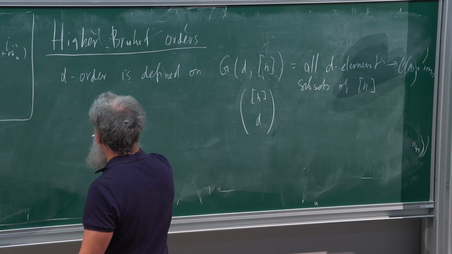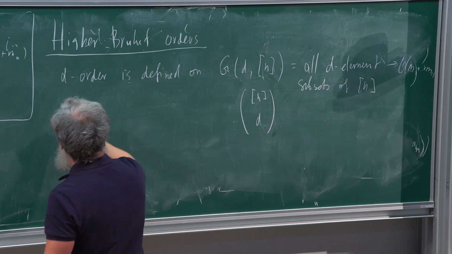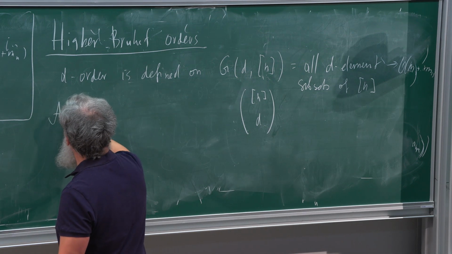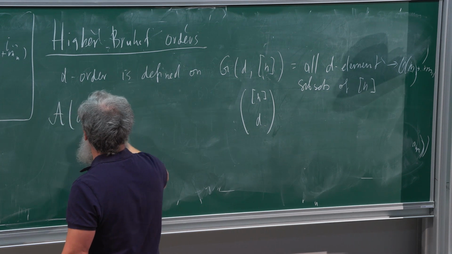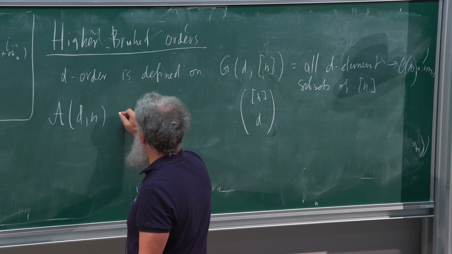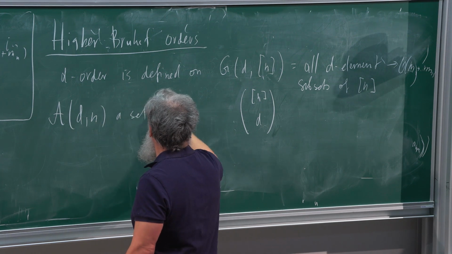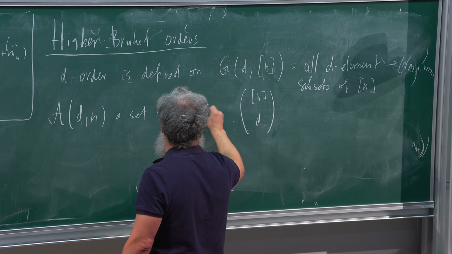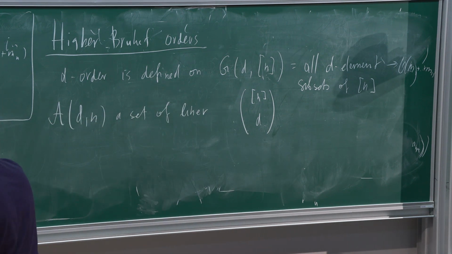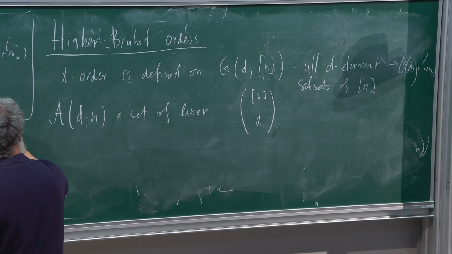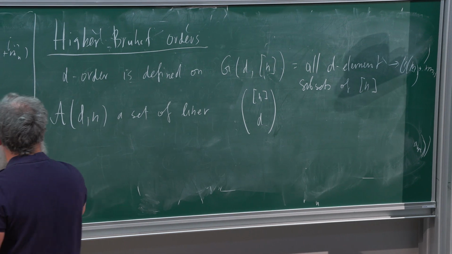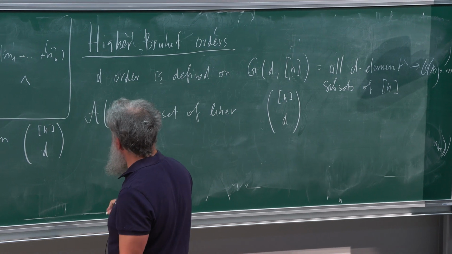Then we denote by A d n the set of linear orders on this set which satisfy such a condition.